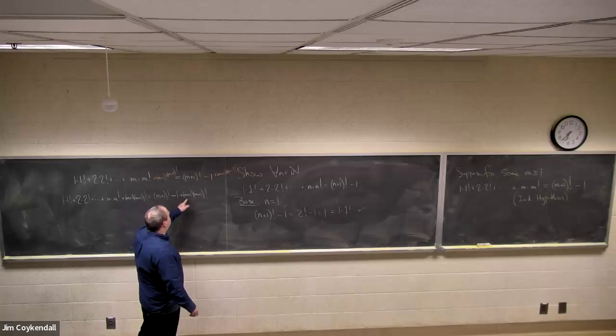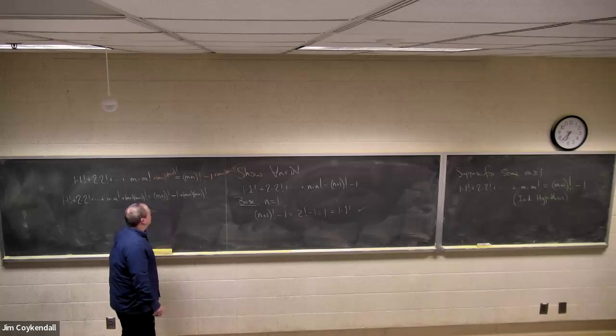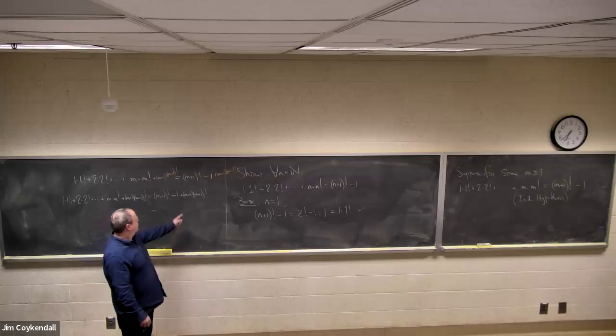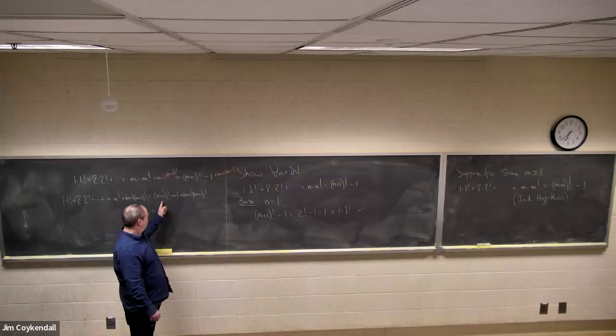Are you talking about pulling out a factor of (m plus 1) factorial? Is that what you mean? Consolidate, I guess. If you have (n plus 1) times (n plus 1) factorial, we have another (n plus 1) factorial, so add that to that expression, so you have (n plus 2) times.